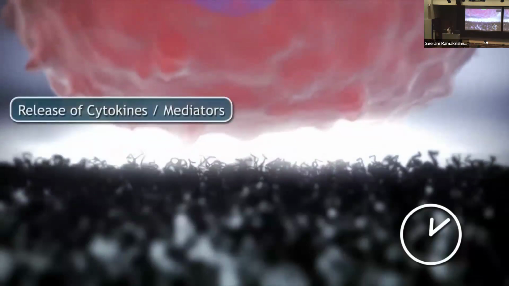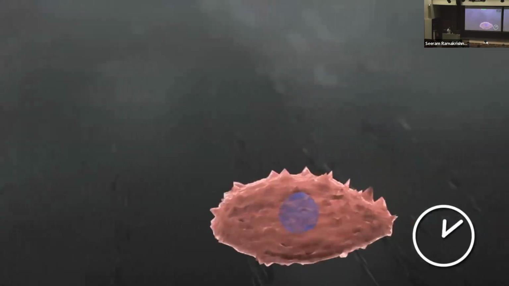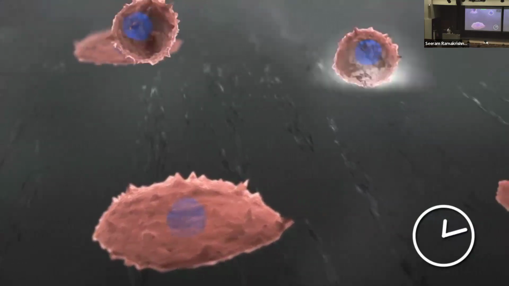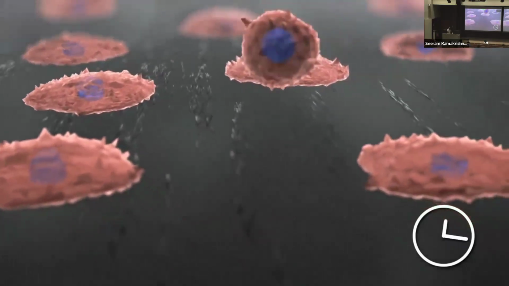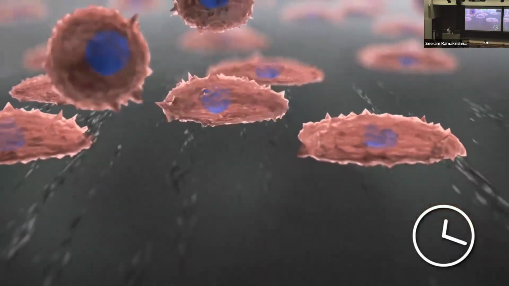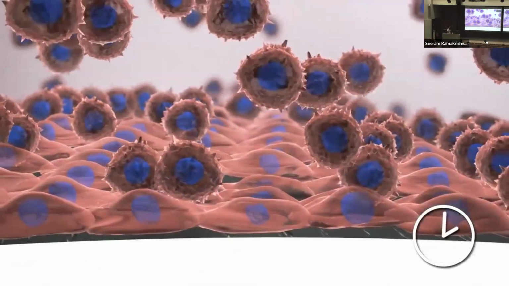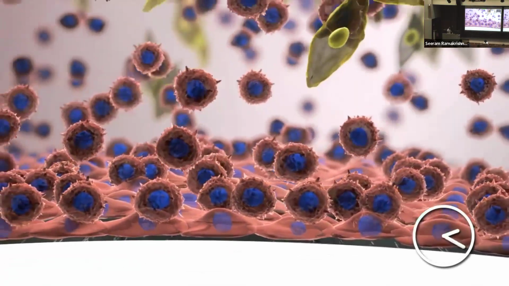The macrophage is activated as a result of the contact with the proteins and, in turn, releases messengers which serve to initiate the foreign body reaction. Ever more macrophages are attracted chemotactically to the site, where they form the early foreign body granuloma. It takes only a few hours for the mesh to be enveloped and fully covered by the macrophages.